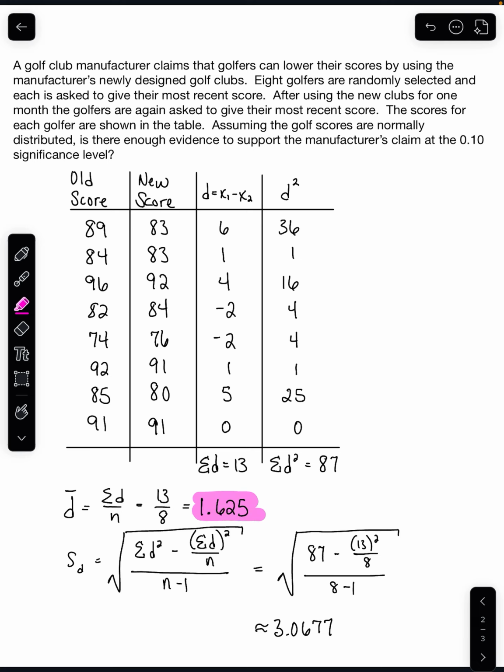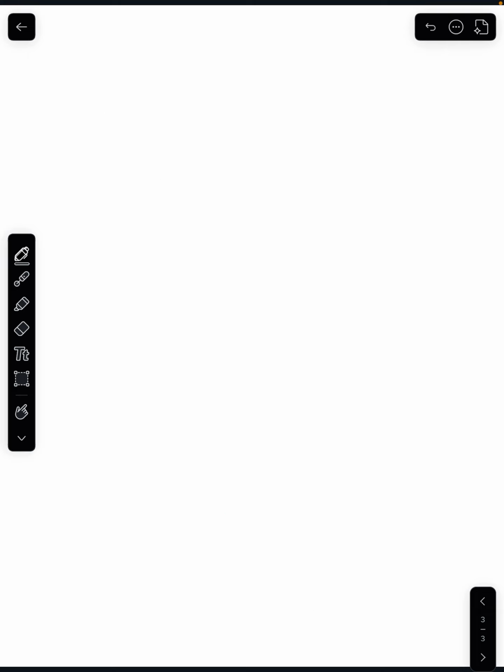So with these values in mind, we can now go about doing our hypothesis test. We start with the hypotheses themselves. The manufacturer claims that the scores would be lowered.